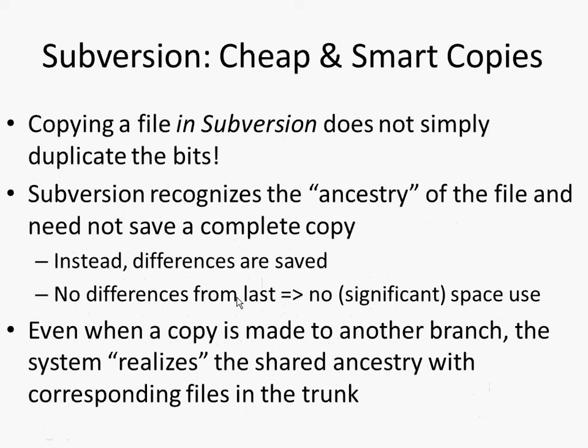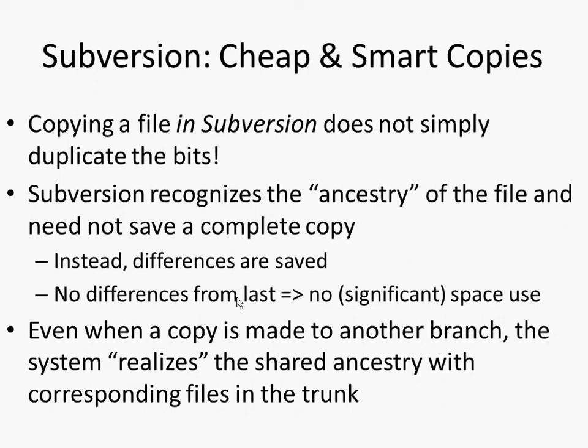Okay, so I want to emphasize something that would be quite core to this notion of branches and merges, okay? The reality is, ladies and gentlemen, when we do an SVN copy from one file to another file, so it's file 1, file 2, each residing on the server, for example, the system's a lot smarter than just copying the bits.